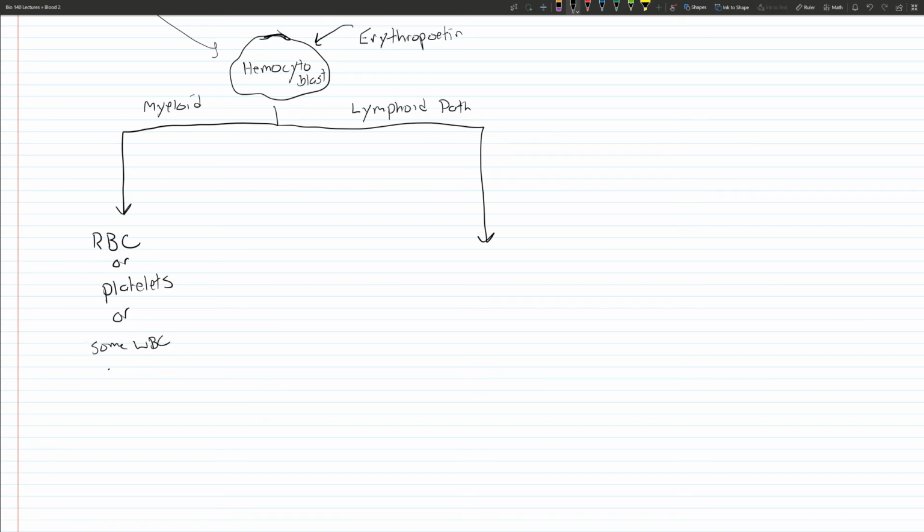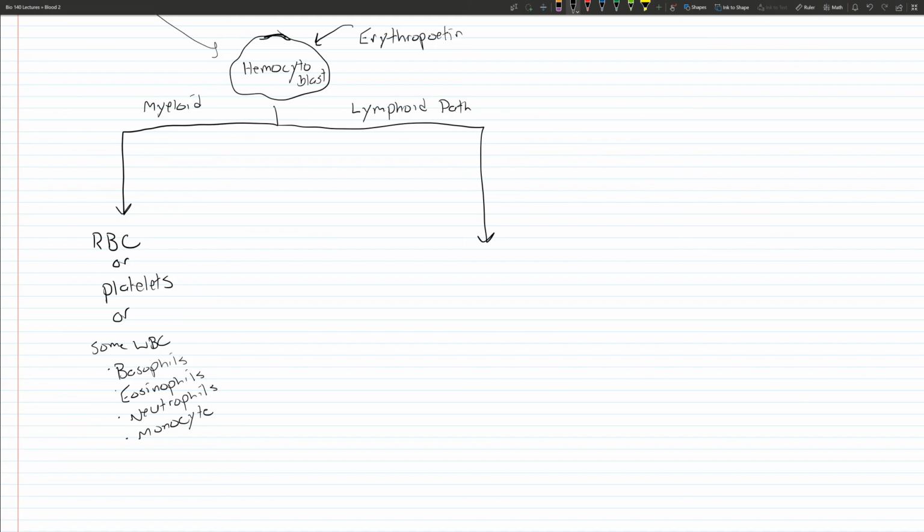And the white cells that it can make are called basophils, eosinophils, or neutrophils, and one of my favorites, the monocyte. Actually, no. The neutrophil is probably my favorite. So those are the cells that we can get on the myeloid stem line.